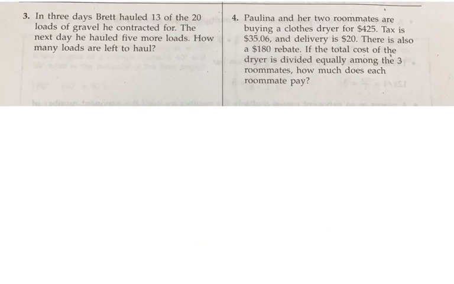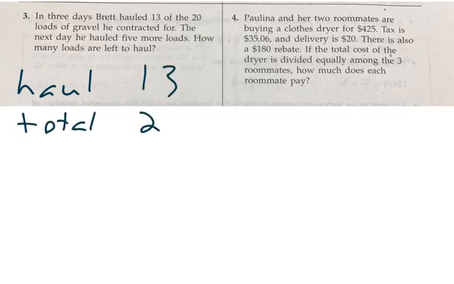All right, let's look at these two. In 3 days, Brett hauled 13 of the 20 loads of gravel he contracted for. The next day, he hauled 5 more loads. How many loads are left to haul? So again, with word problems, we think about, what do I already know? So he hauled 13. There are 20 total.